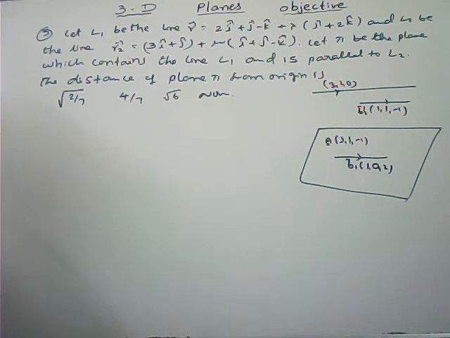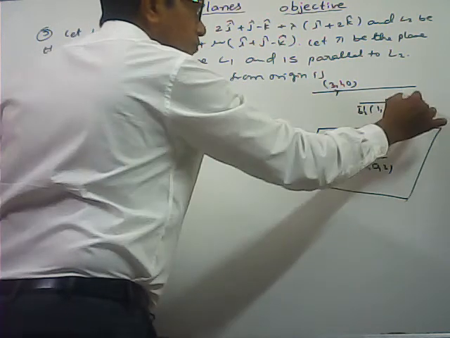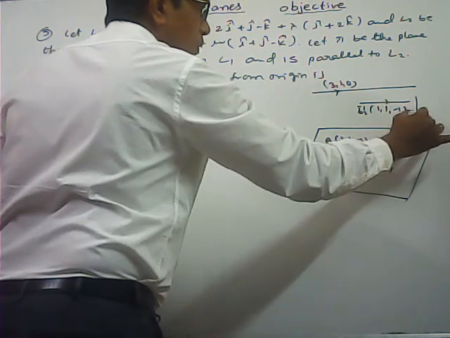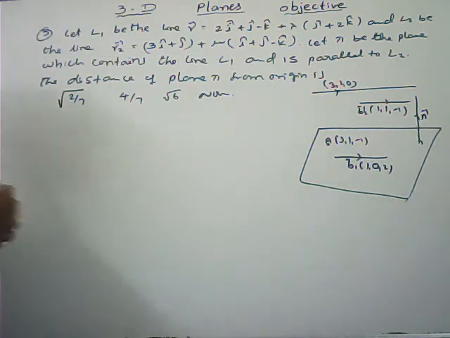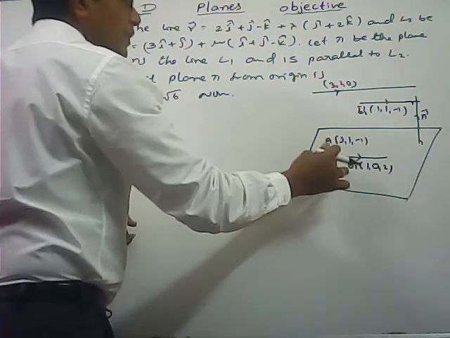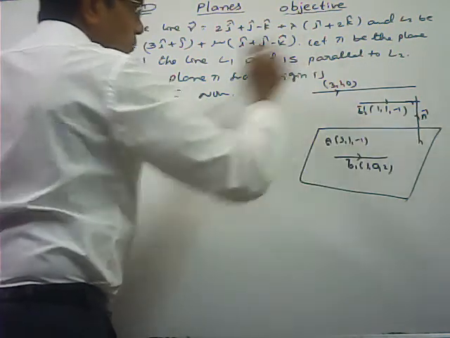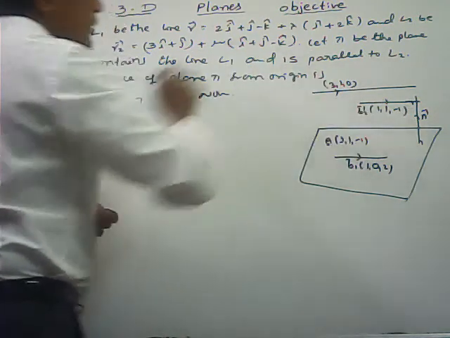So the plane contains one line and is parallel to another line. How to get the equation of the plane? Here they are asking the perpendicular distance from the origin to that plane. So how to get the equation of the plane? This is a normal vector only, the normal to that plane. So n bar is perpendicular to this B1 bar, which lies on the plane, and B2 bar is also perpendicular to n bar.